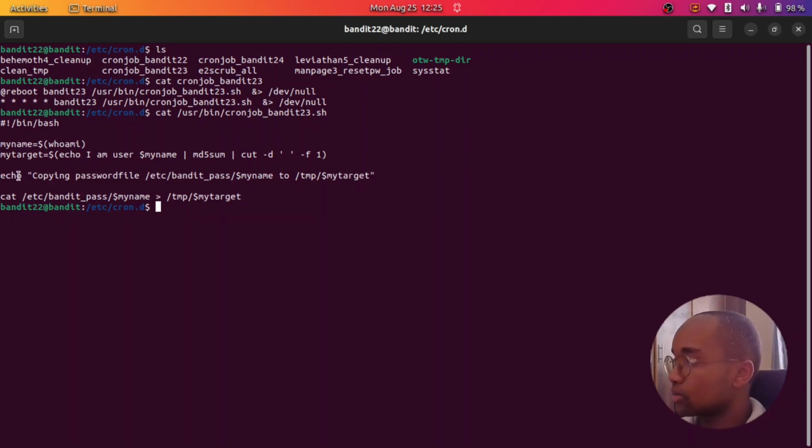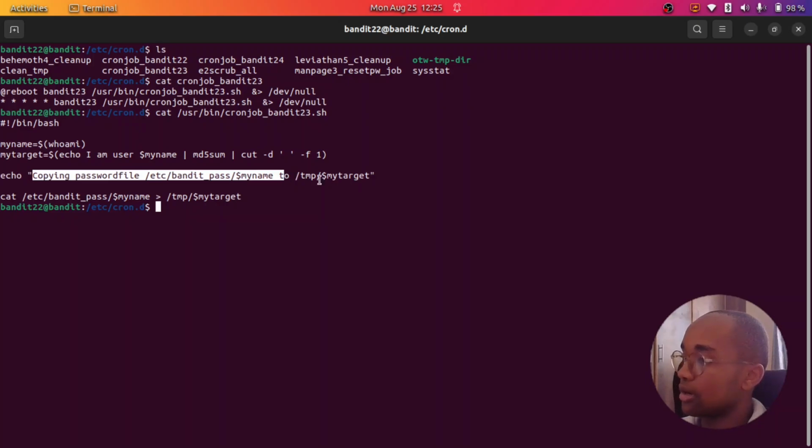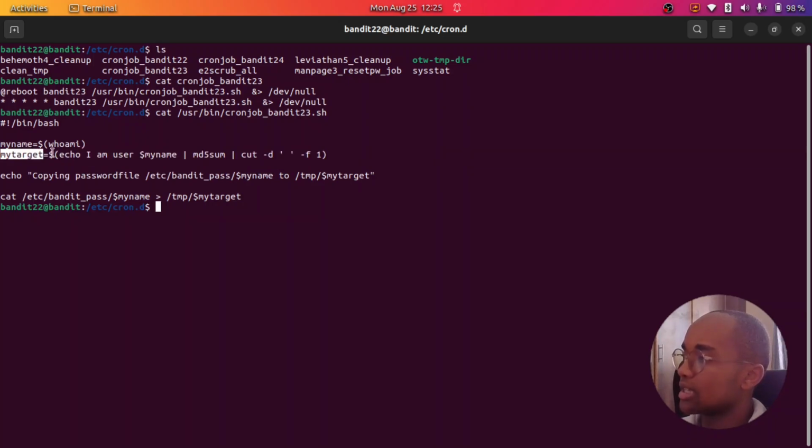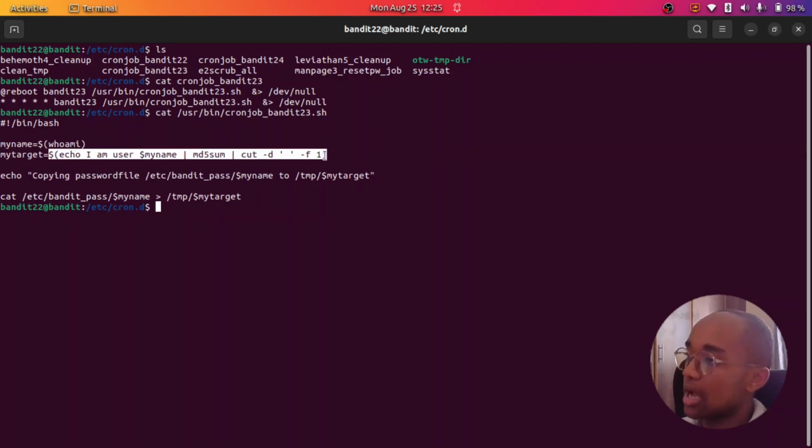And then we output this sentence, copying password file to a temporary directory, and then my target will be the result of this. The result will simply be a trimmed hash, because we take a sentence, we hash it, and then we trim it. So that is going to be the unique name of the temporary directory here.